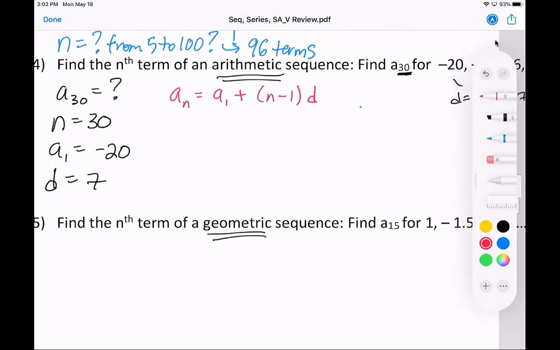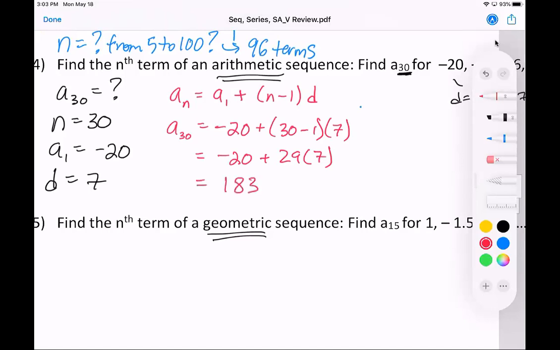So you're looking for the 30th term. The first term is negative 20. n is 30. And the common difference is 7. So this would be negative 20 plus 29 times 7. So we get negative 20 plus 29 times 7, which is 183.